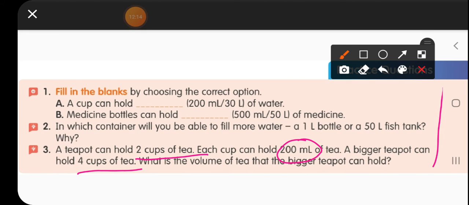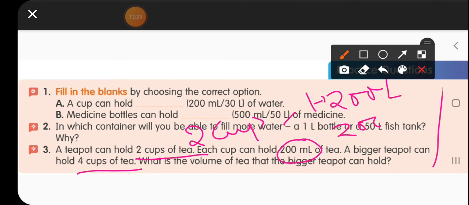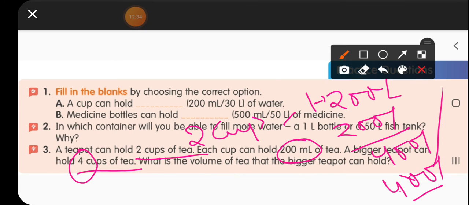At first one teapot has 2 cups and 1 cup is 200 ml, so 2 cups are 200 plus 200, 400 ml. Now the other teapot can hold 4 cups, which means again one more 400. So the second teapot can hold 800 ml of tea.